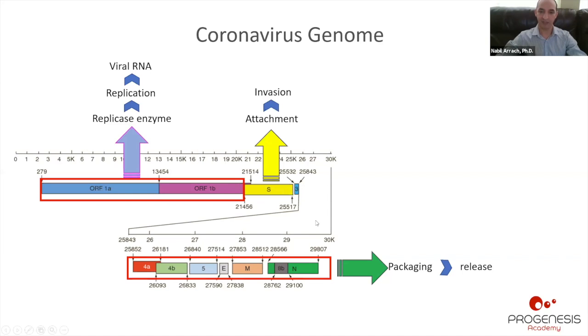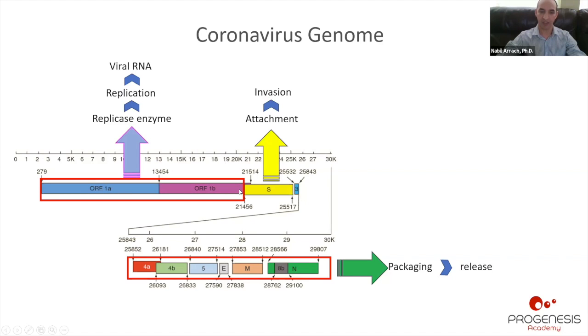Now, the genome is divided into three main domains. First, I'm going to start with the yellow one, which is the S protein. This is the protein that the virus uses to enter the cell, so it's for invasion. And then you have open reading frames 1A and 1B.